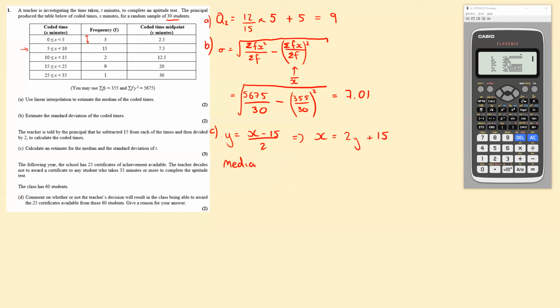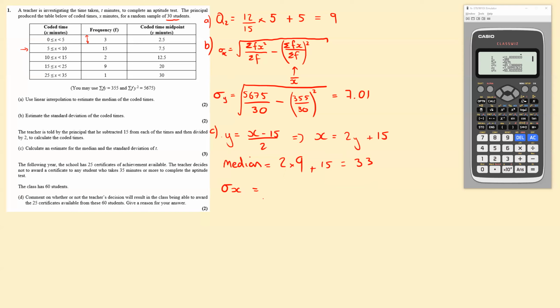So the median. I said mean then a second ago, I meant median. The median itself is going to be 2 times the coded median, which was 9, plus 15, which is 33. And the actual standard deviation for x, this one here is for y.